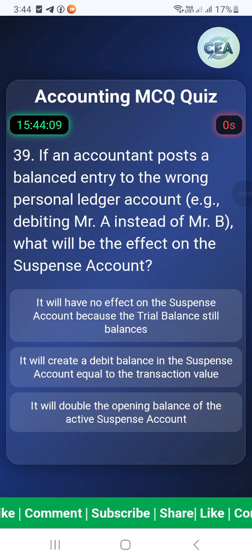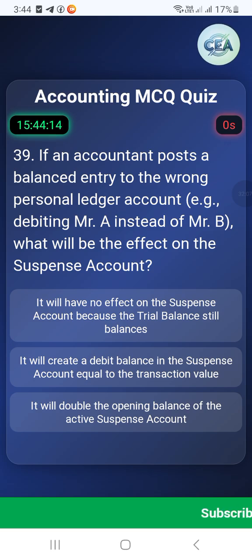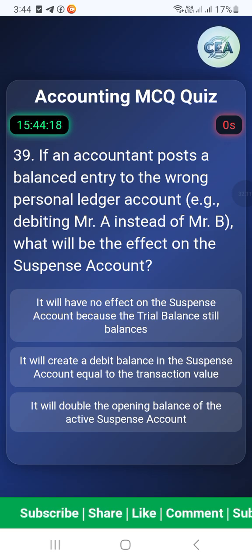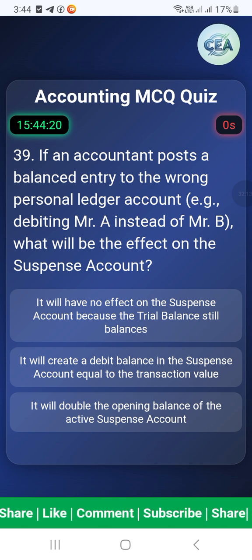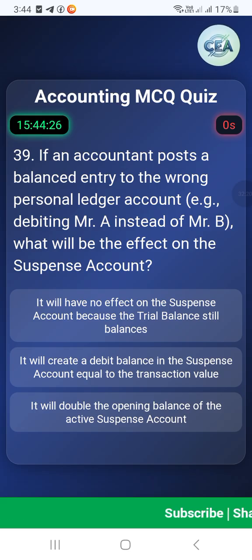39. If an accountant posts a balanced entry to the wrong personal ledger account, e.g., debiting Mr. A instead of Mr. B, what will be the effect on the suspense account? Option 1. It will have no effect on the suspense account because the trial balance still balances. Option 2.